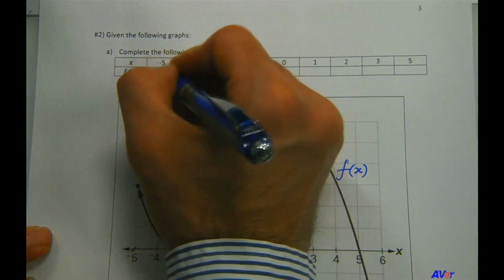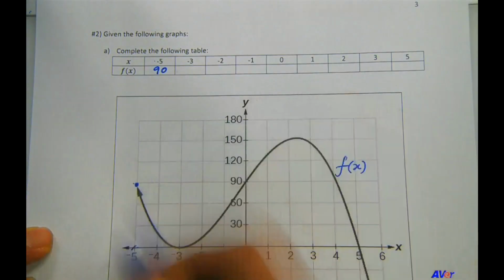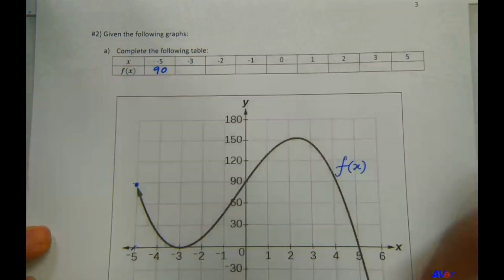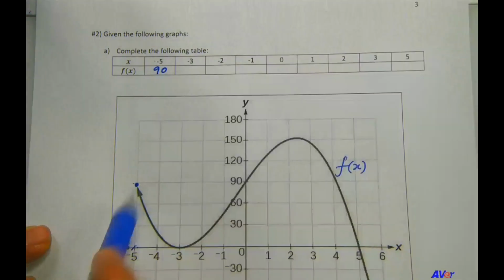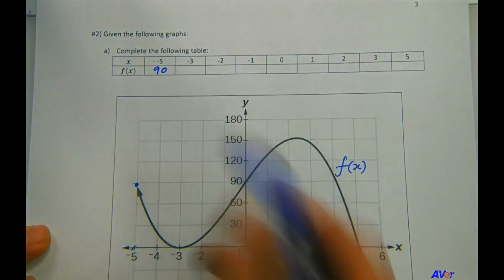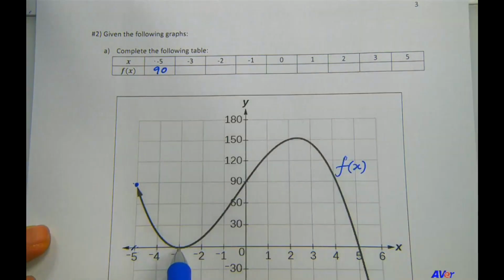So that would be 90. We're just visually doing this, right? So it's okay. If you wrote down 89, you'd still be correct. Or even 88, you'd be correct. But if you wrote down 60, probably you would be off, right? You'd be off.